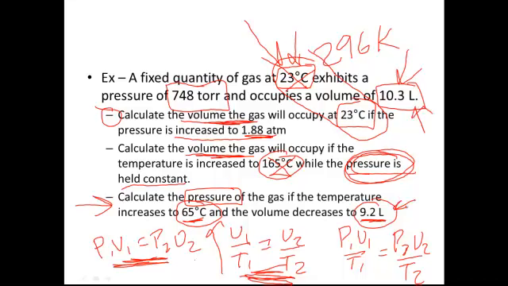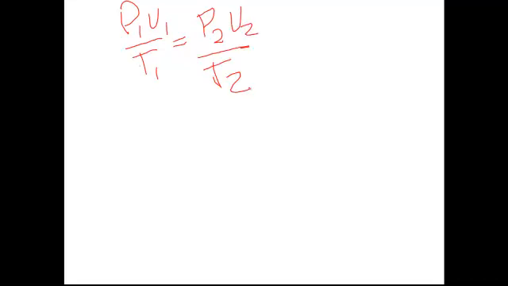Anytime you have two of your variables changing, that is when you'll be using this combined gas law. So maybe that's something that you need to write down, that's when you know to use the combined gas law, is when two of your variables change. So we're going to have the whole thing here, P1 V1 over T1 equals P2 V2 over T2.